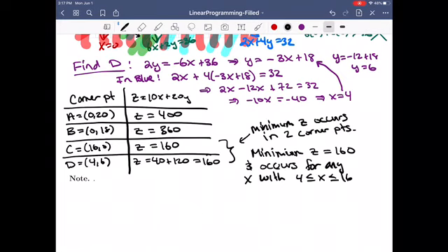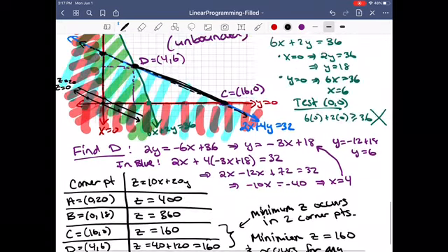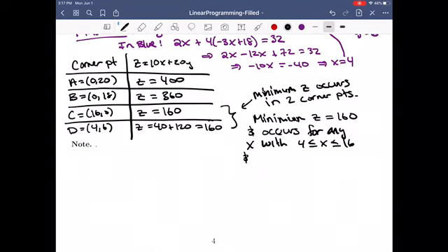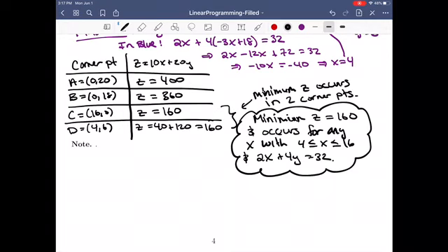Those are the x values of C and D. And they have to be on the blue line, and the blue line satisfies the equation 2x plus 4y equals 32. So we have infinitely many places where the minimum value occurs.